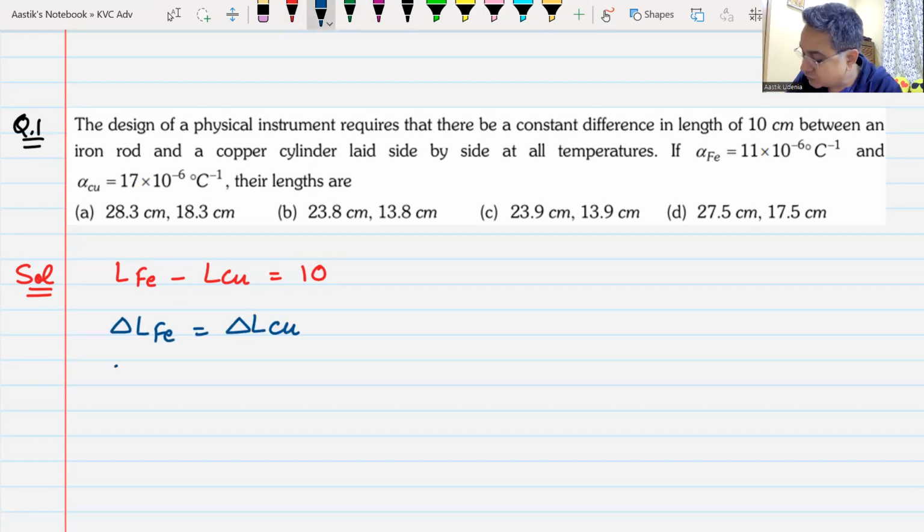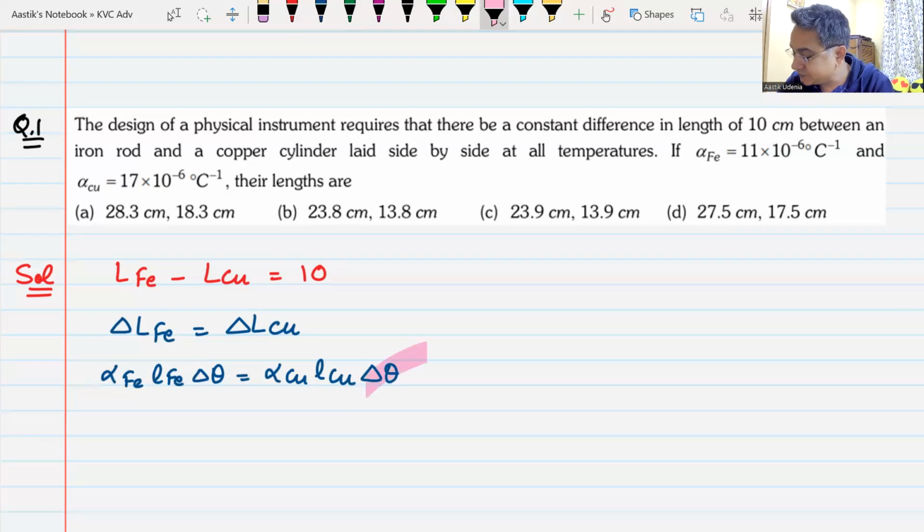So alpha of iron into length of iron into change in temperature should be equal to alpha of copper into length of copper into change in temperature. From this equation, which is equation number 1, you get one equation.